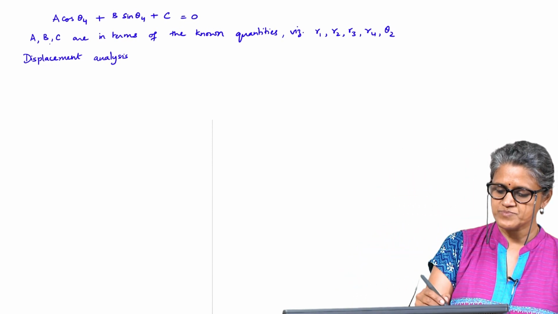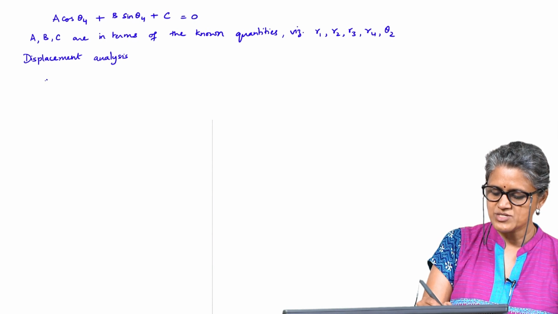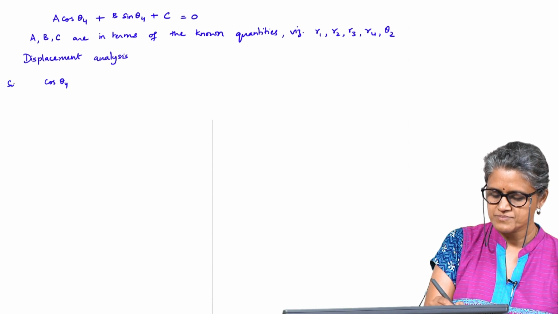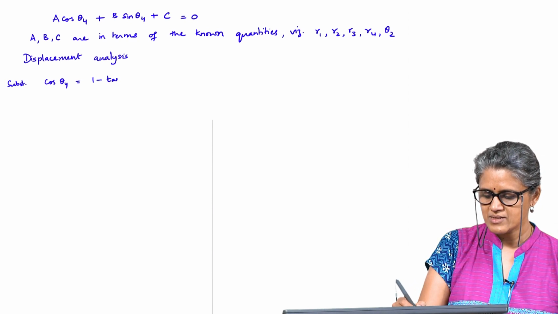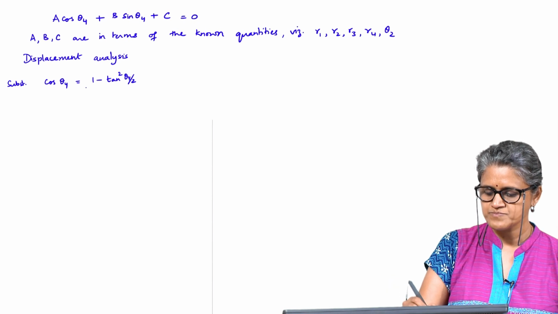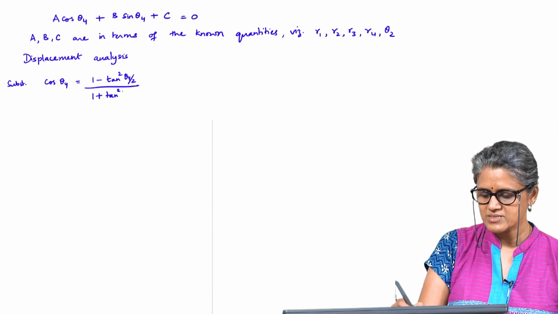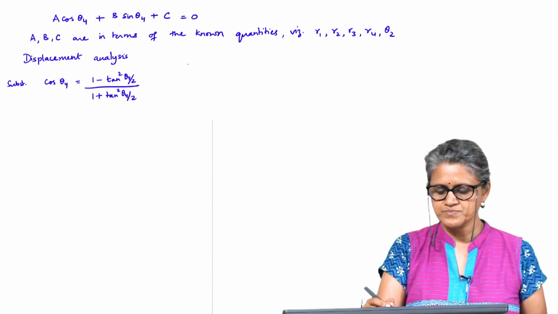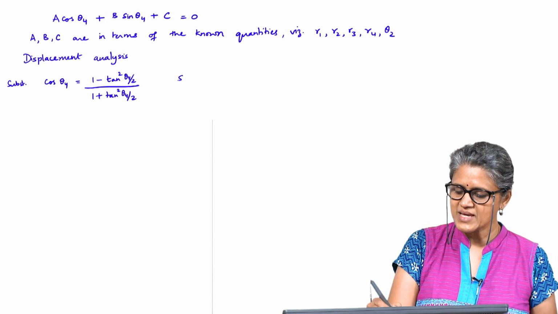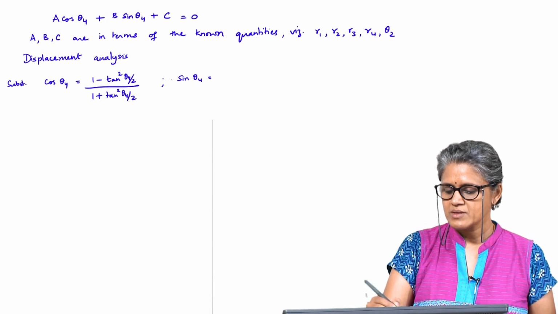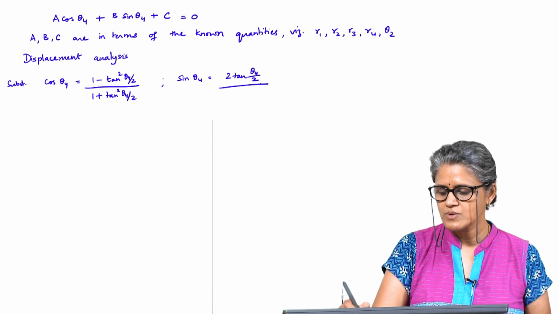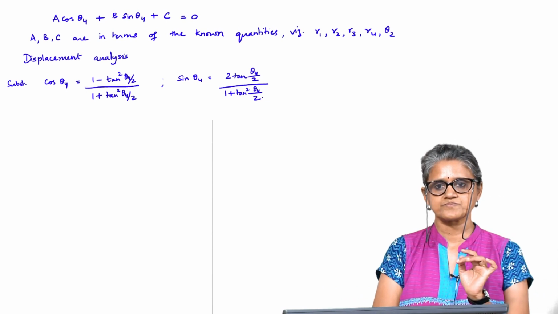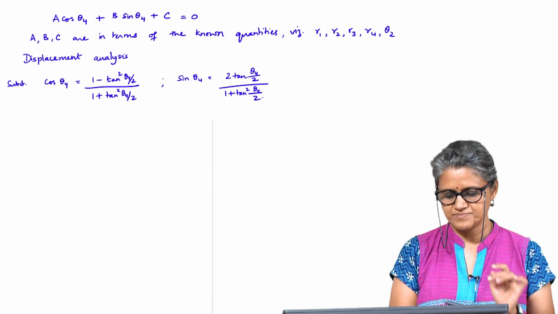The easiest way to simplify this is to substitute cos theta 4 as 1 minus tan square theta 4 by 2 over 1 plus tan square theta 4 by 2, and sin theta 4 similarly as 2 tan theta 4 by 2 over 1 plus tan square theta 4 by 2, in terms of the tan half angles.